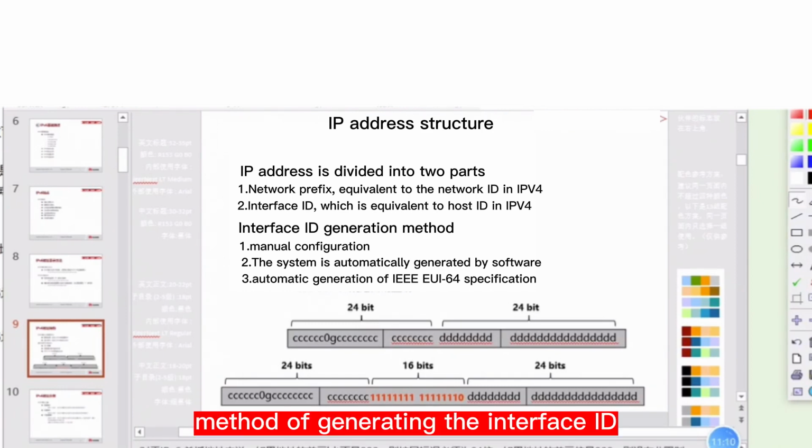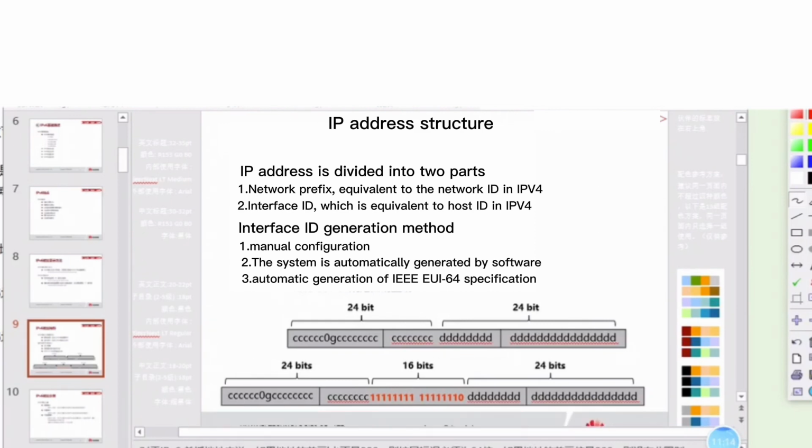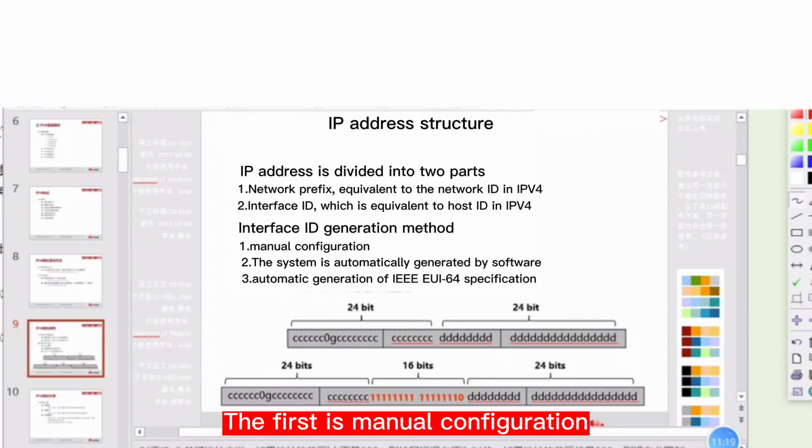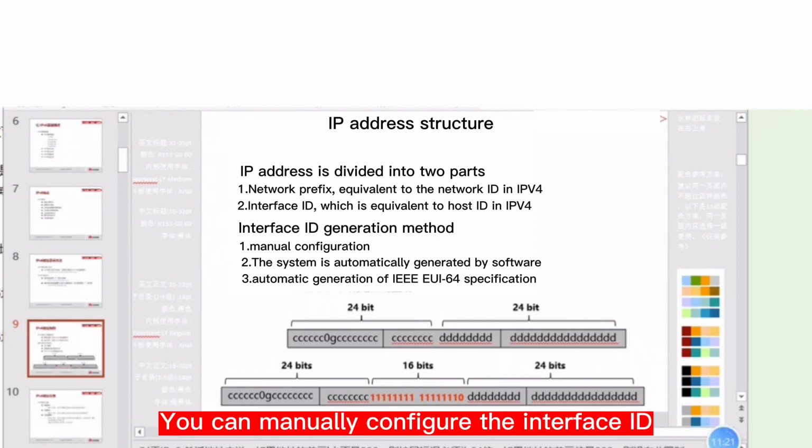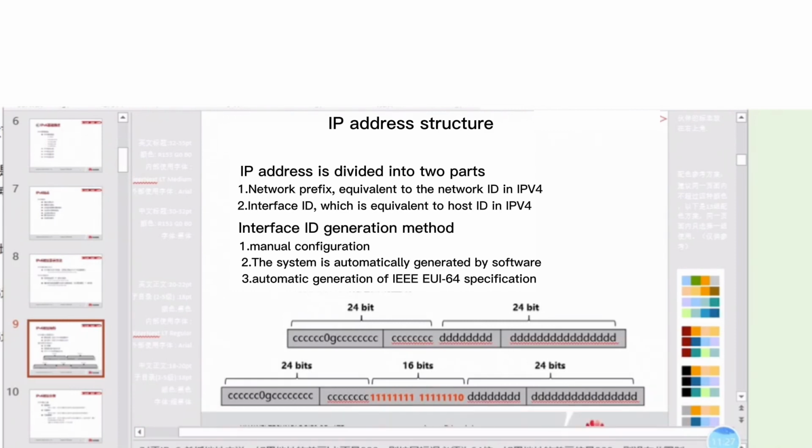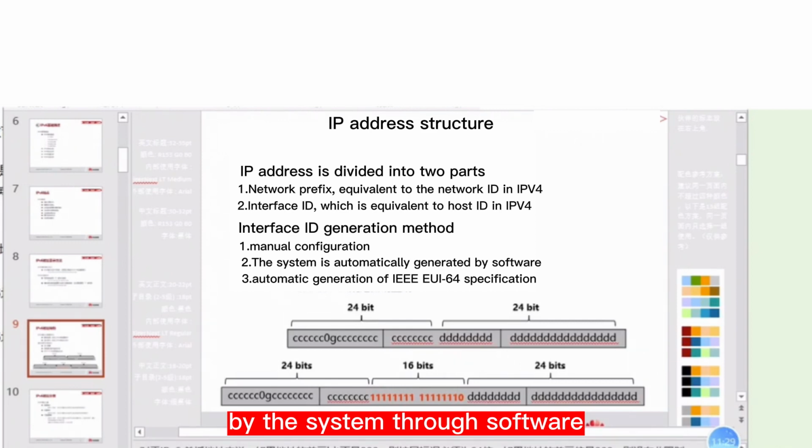As for the methods of generating the interface ID, there are mainly the following ways. The first is manual configuration. You can manually configure the interface ID. The second type is automatically generated by the system through software. Systems like Windows have their own private algorithm, by which the interface identifier is generated.